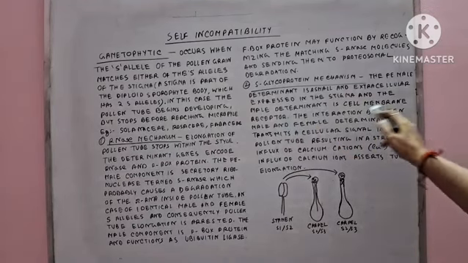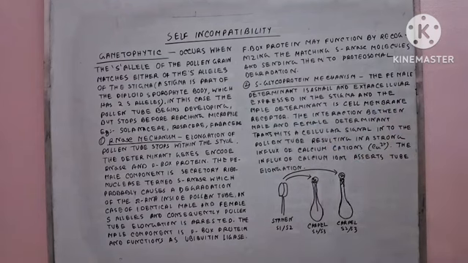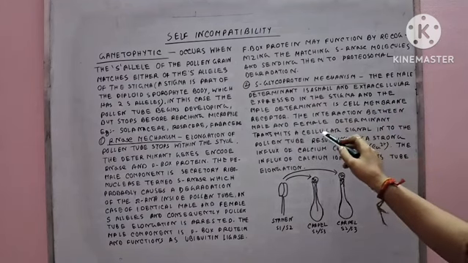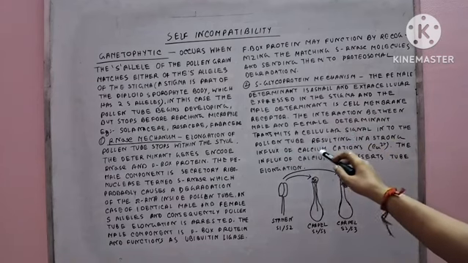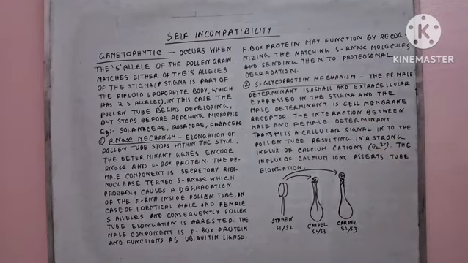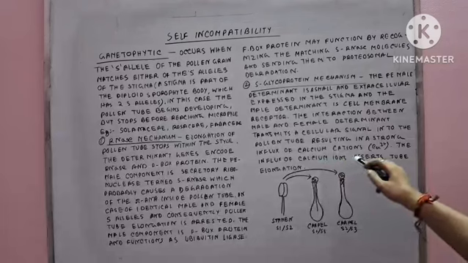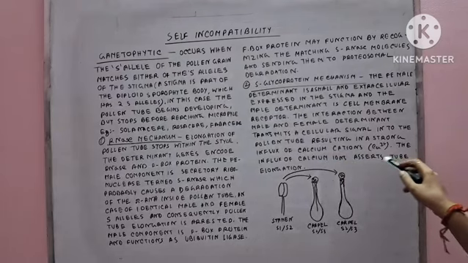When the male and female determinants interact, a cellular signal is transmitted into the pollen tube, resulting in a strong influx of calcium cations, and this influx of calcium ions arrests the tube elongation.